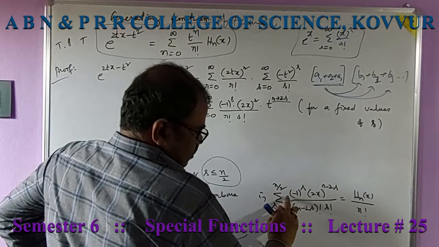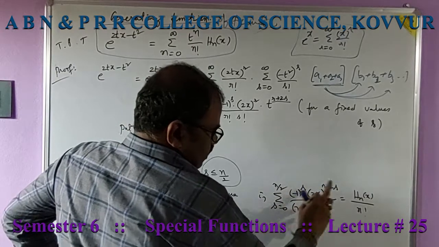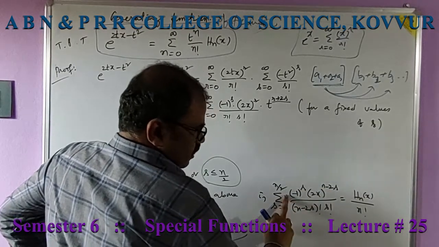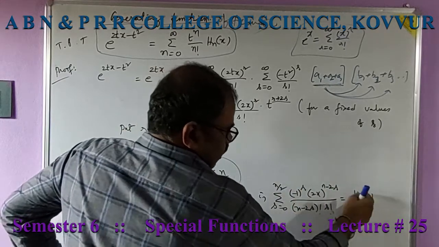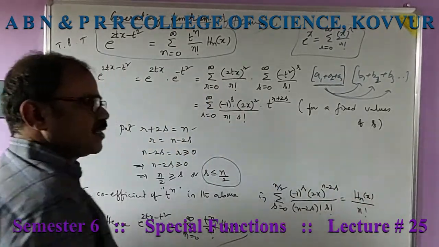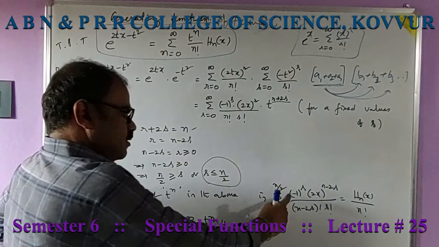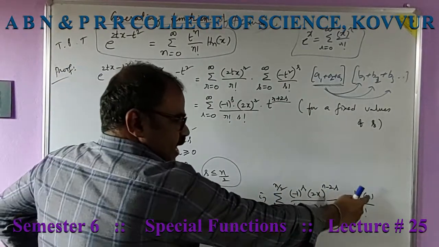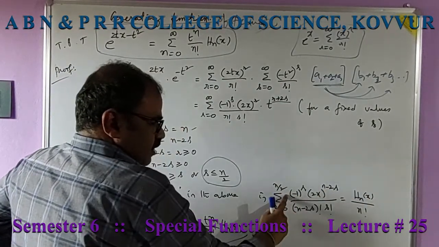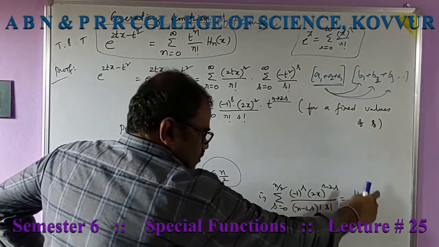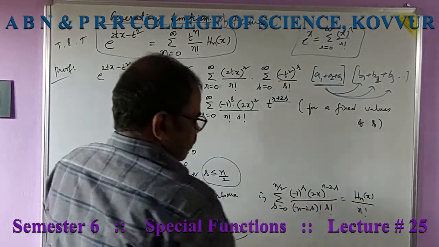if we multiply this with n factorial, then that is Hn(x). n factorial is not there, therefore this is equal to Hn(x) by n factorial. If there is n factorial, that is directly equal to Hn(x). There is no n factorial, that is why this is equal to Hn(x) by n factorial.